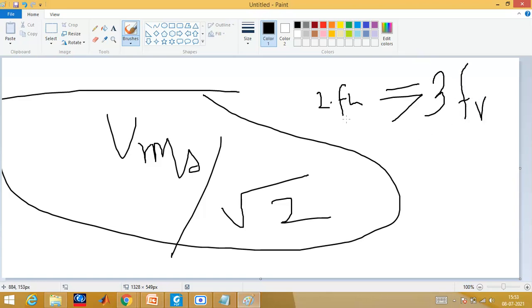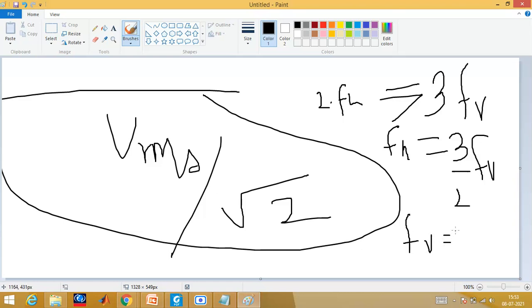So if I have to write it in terms of FH, then I can write FH is equal to 3 by 2 times FV. The same thing I can also write in terms of FV. Then it will become FV is equal to 2 by 3 times FH. I hope this is clear.